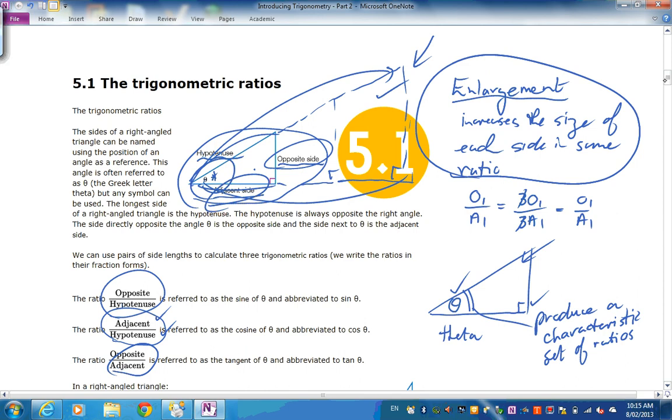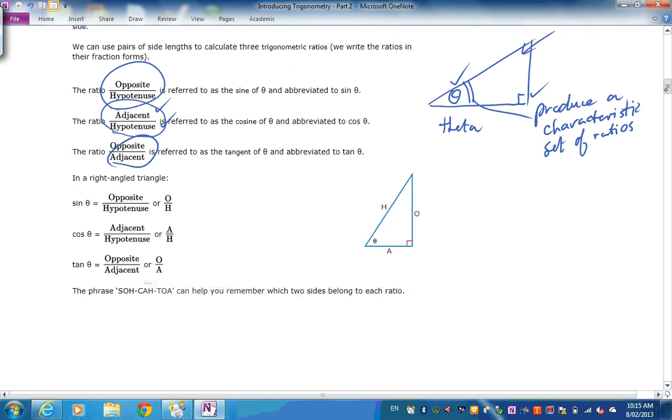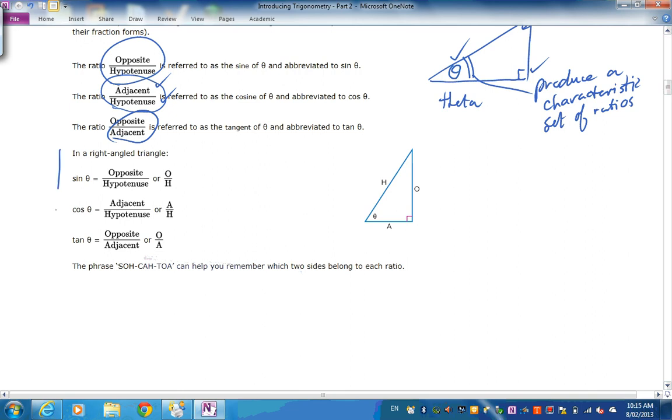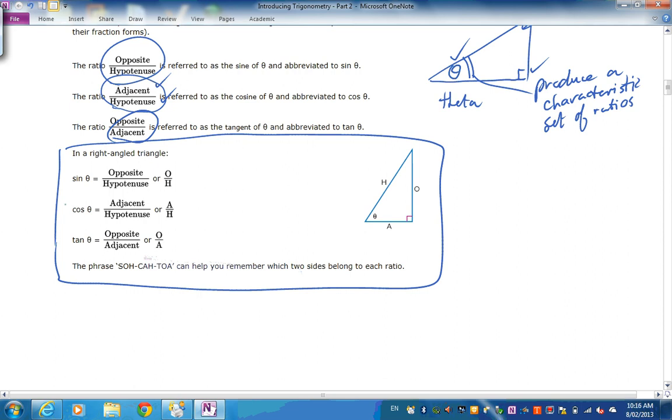And let's come down here and see what Pearson say here. Okay, so here's our final message. In any right-angled triangle, the sine, we call this the sin or sine of an angle. It's abbreviated, it's up here, the sine of an angle, the cosine or the tangent of the angle.